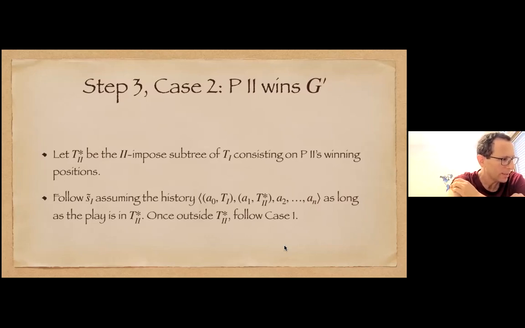Okay, so as long as the game continues in T star, player 1 is going to assume that player 2 played T star, and then follow the instructions of tiled S1, given that history.